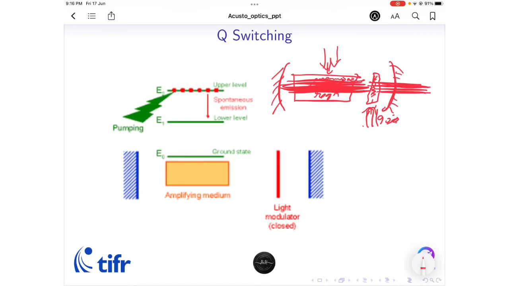This is actually a powerful technique to create short laser pulses, not ultra short. To generate short laser pulses which have really high power, we can use this technique. So that's the major application.